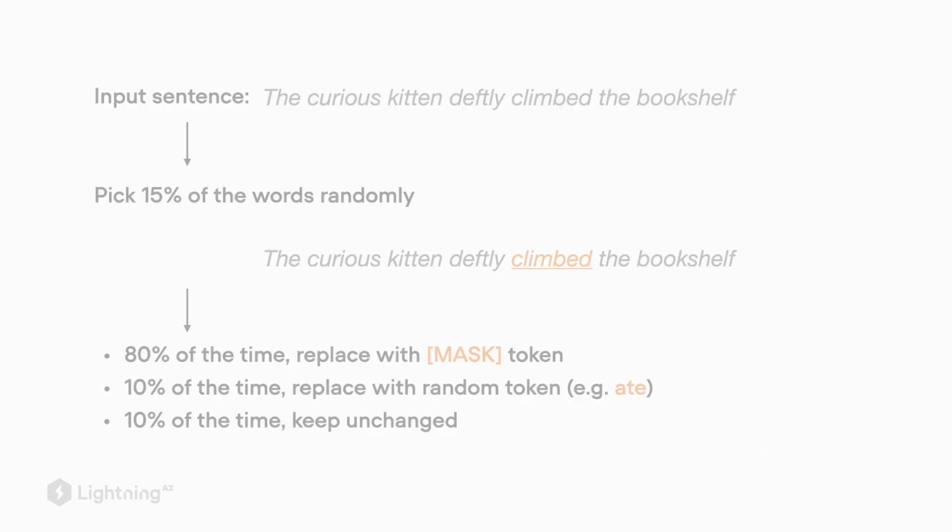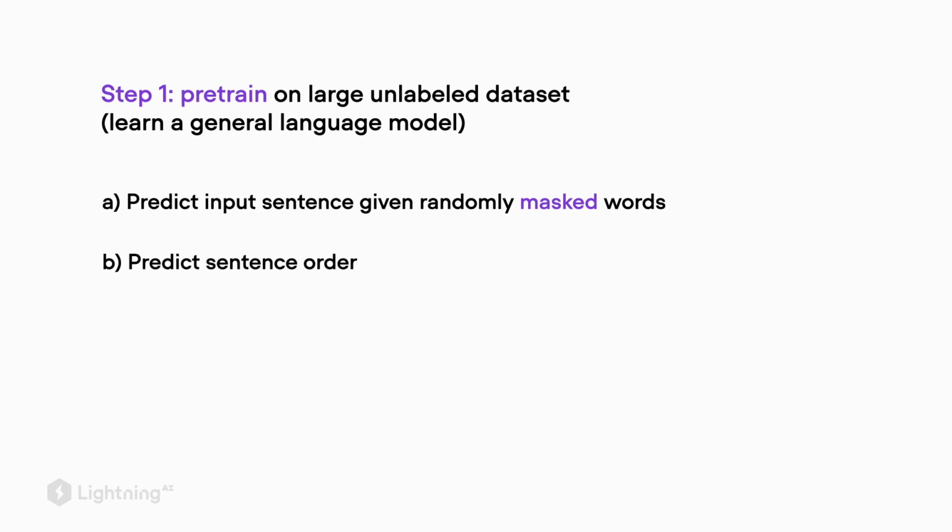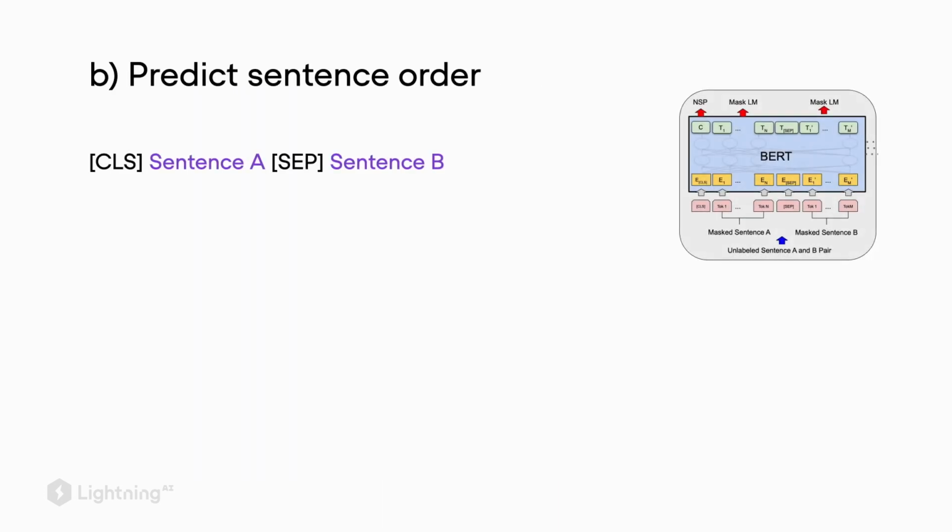Now, I mentioned before that there is a second pre-training task, and that is predicting the sentence order. So for example, imagine we have 2 sentences, sentence A and sentence B. They are separated by a separator token, and then we randomly shuffle these sentences, and the network has then to predict the right order of the sentences, like which sentence comes first in the document. And remember that transformers are many-to-many architectures where we have one output token for each input token.